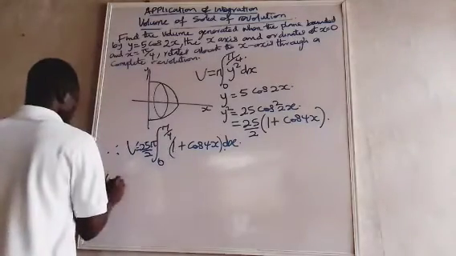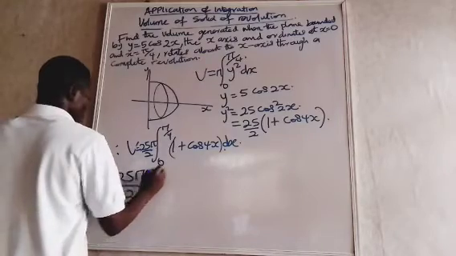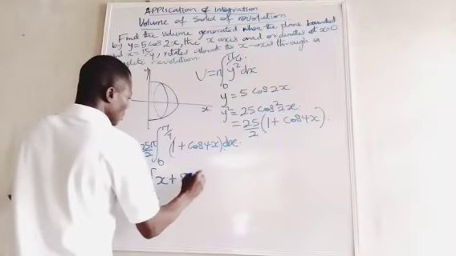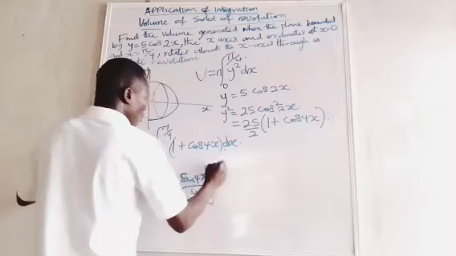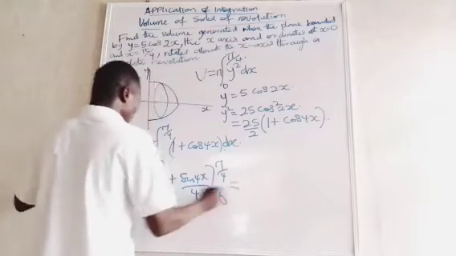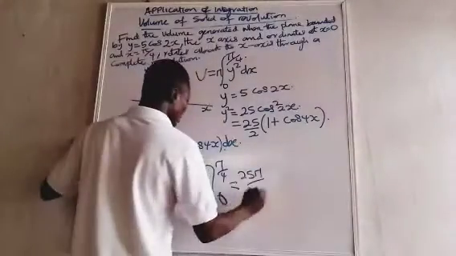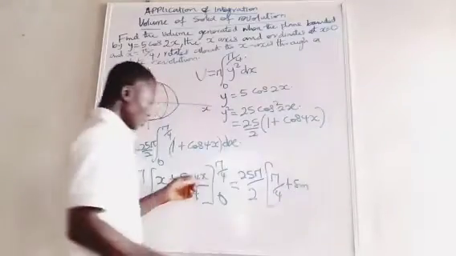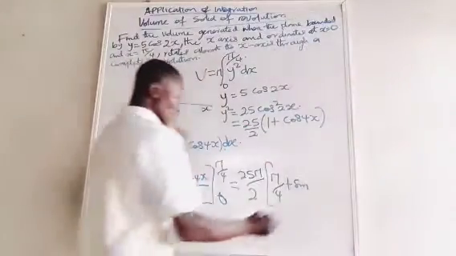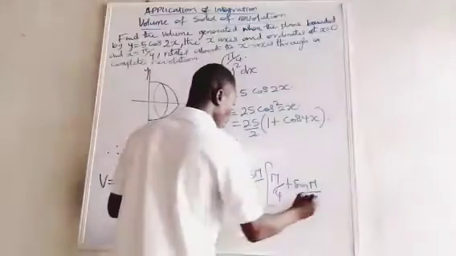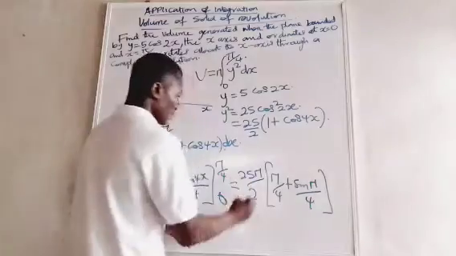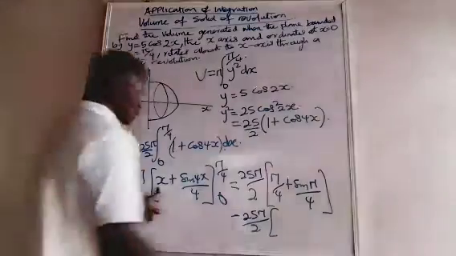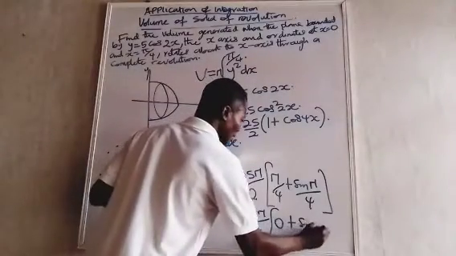So I can now say V is equal to 25 pi over 2 into x plus sine 4x over 4, from 0 to pi over 4. And that's going to be 25 pi over 2 into pi over 4 plus sine of 4 times pi over 4, that is sine pi, minus 25 pi over 2 into 0 plus sine 0.